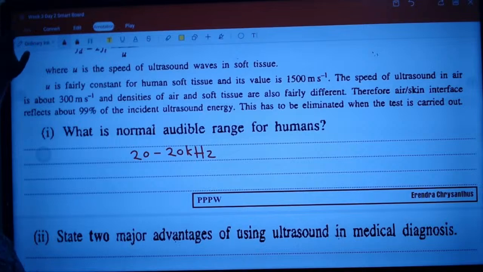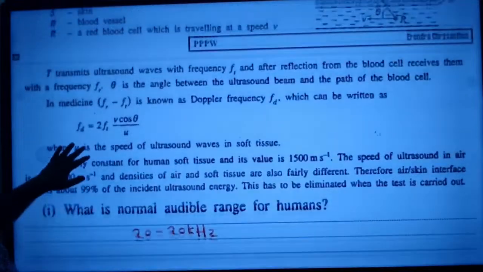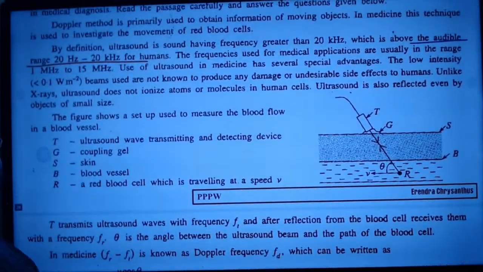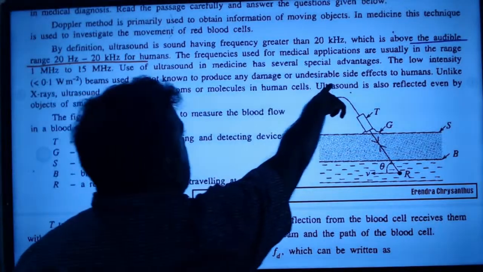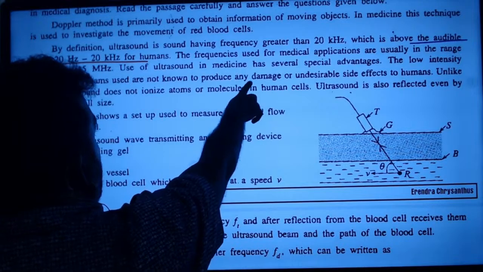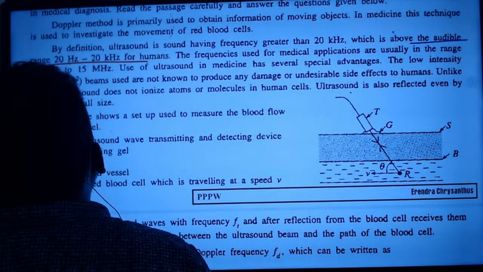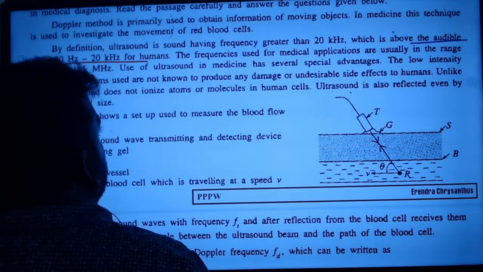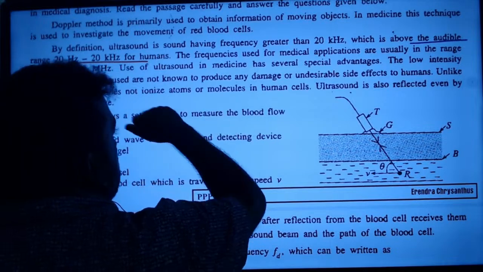Next one. State 2 advantages of using ultrasound in medical diagnosis. Right. Let's do. Use of ultrasound in medicine has several advantages. The low intensity beams used are not known to produce any damage or undesirable effects to humans. Ultrasound does not ionize atoms or molecules.